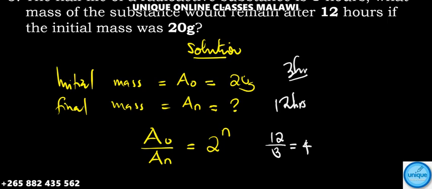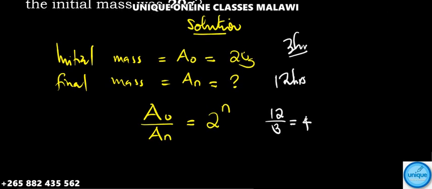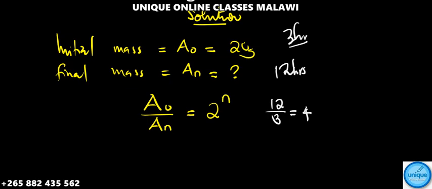4. So the initial mass was 20, so we can put here 20 grams, then divide by the final mass, A n, equal to 2 raised to the power 4, where this represents the number of half-lives.